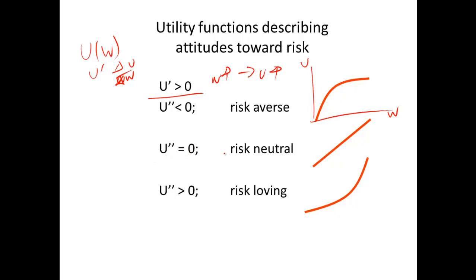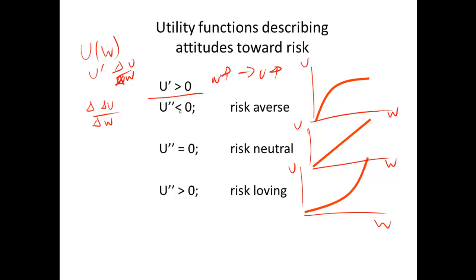U double prime equals 0. Now that just means a straight line, W here and U. And finally, somebody who loves risk looks like this. We call it U double prime positive. This is just notation from the idea about what's happening to the change in utility as we change wealth.